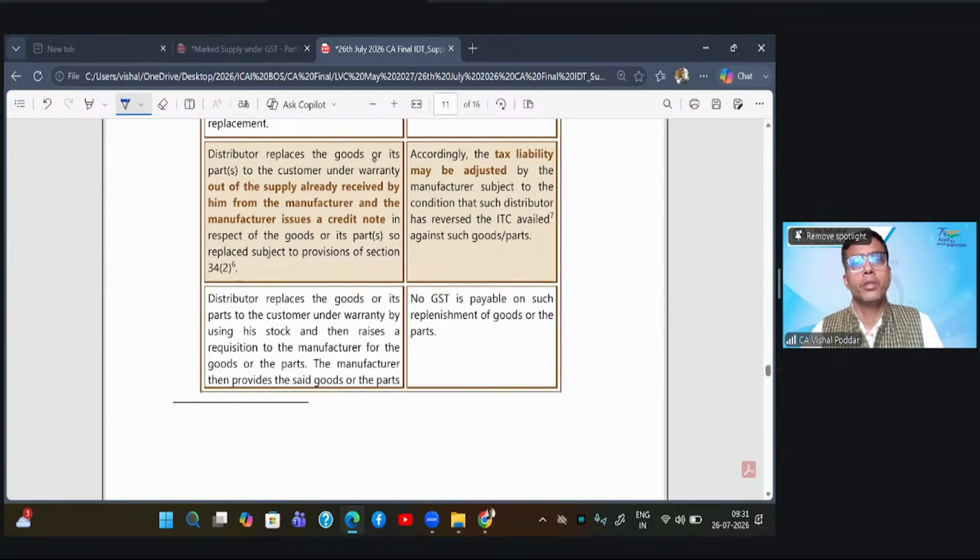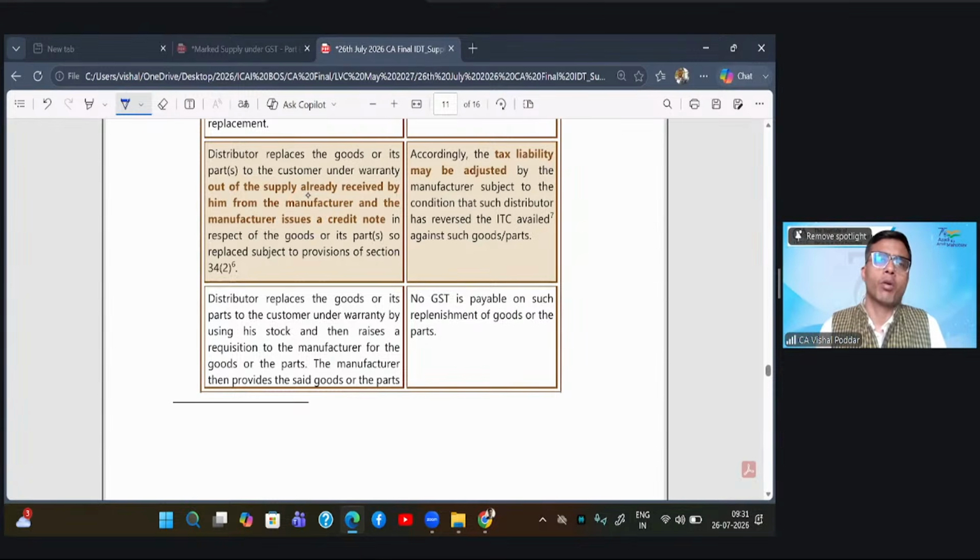Next possibility is distributor replaces the goods or parts to the customer under warranty out of supply already received by him from the manufacturer, and manufacturer issues a credit note. Now, what it means is that I have provided the warranty to the customer, I am the distributor, and for providing this warranty, I have used the parts which I had already purchased some time back from the manufacturer.